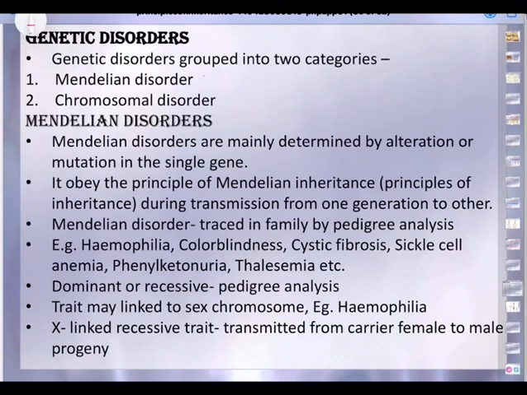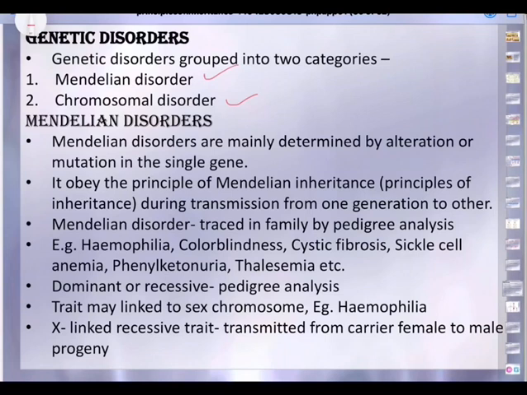So genetic disorders are disorders that creep in due to change in the structure of gene or change in the structure of chromosome. Based on that, if there is a change in the structure of the gene in the form of DNA changes, then we say these are Mendelian disorders, because they follow Mendelian principles.